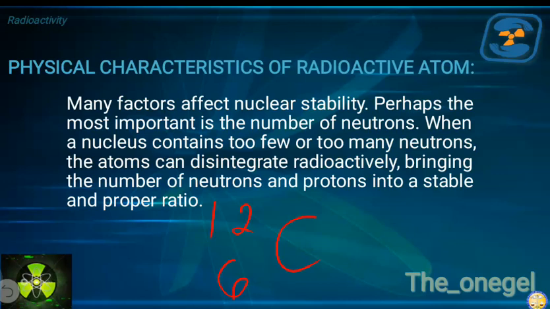As a review, the left superscript is the atomic mass number, and the left subscript is the atomic number. Therefore, carbon has 6 protons. Remember that the atomic number is the number of protons, and the atomic mass number is the combination of protons and neutrons. To find the number of neutrons, we subtract the atomic number from the atomic mass number: 12 minus 6. Therefore, the number of neutrons is 6.